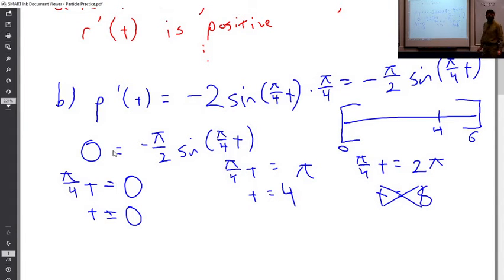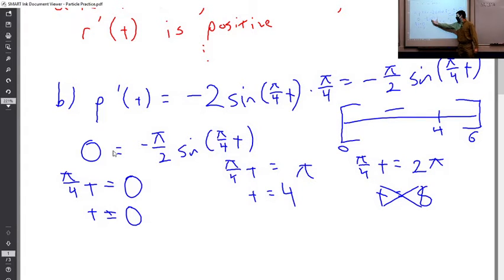That's positive. Sine is positive in that first quadrant, times a negative pi over 2 is going to make it negative. Between 4 and 6, now we're past pi and into the third quadrant, so now sine is negative.